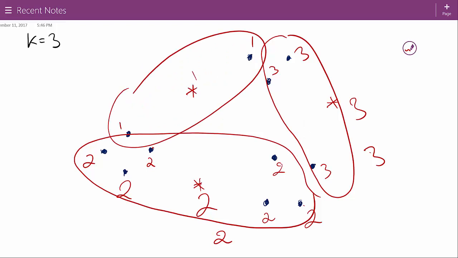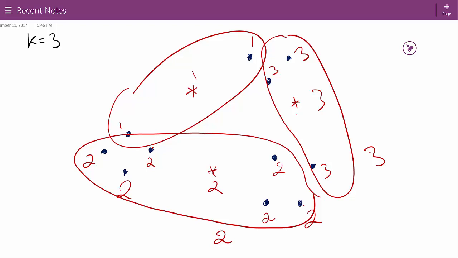Cluster 2, maybe it will move a little bit. Let's say that it moves somewhere over here, okay? So that's the center for cluster 2. And cluster 3 moves probably somewhere closer to these 2 dots, right? Because it's the center of gravity. So that probably is going to be the center of my cluster 3, right? It has 3 points, but this one is kind of far away. So the other 2 points kind of pull the center towards themselves, right?